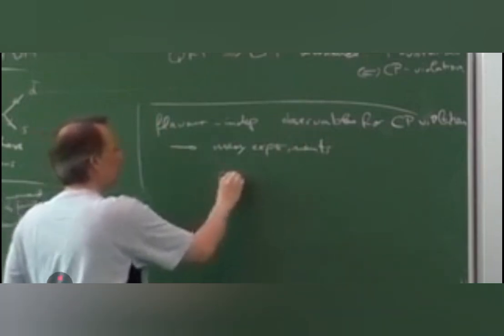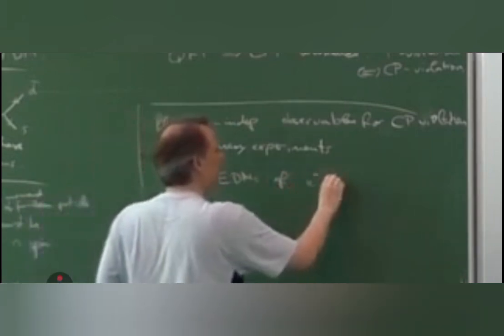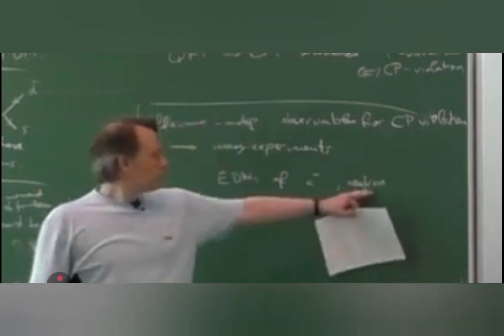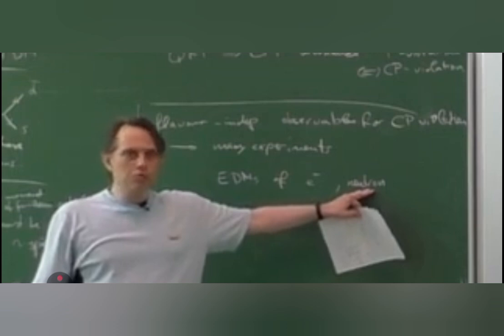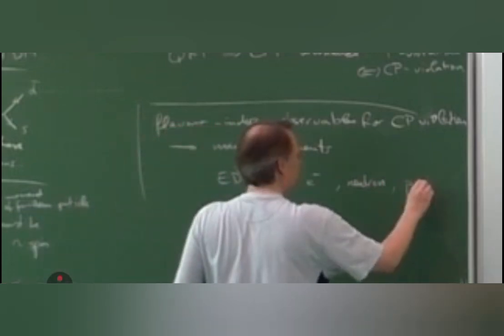And so, for example, one searches for EDMs of the electron, of the neutron. The neutron is particularly good because it has no electric charge, but in principle one could also search for the proton and also for the muon and so on.